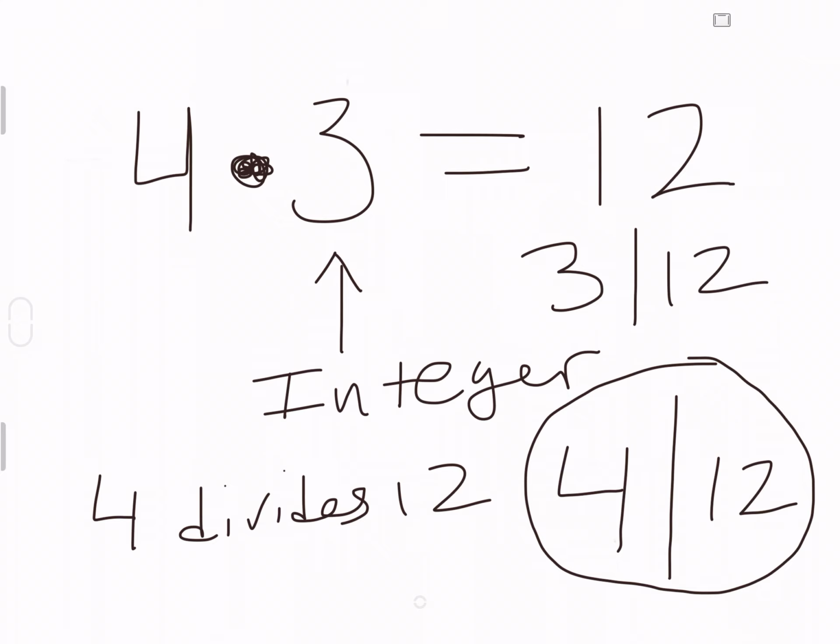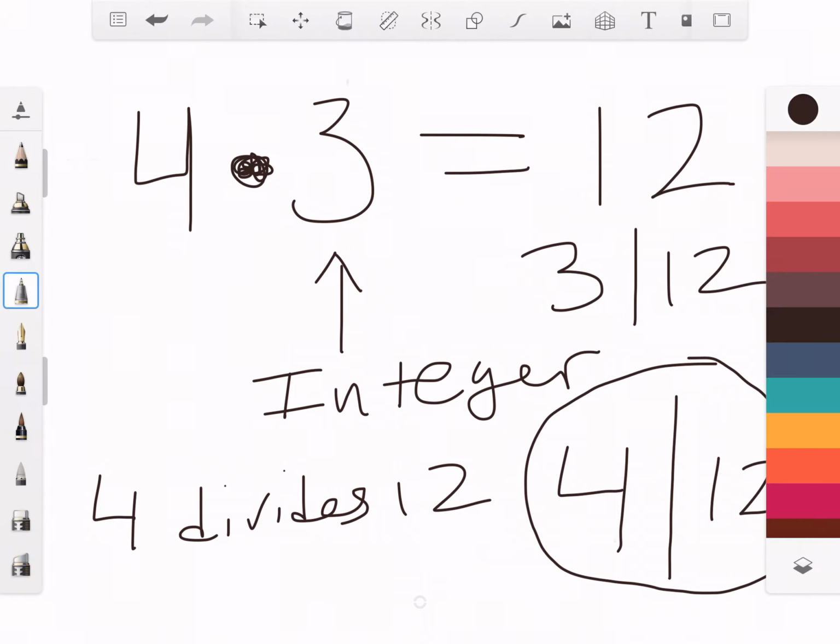It'll work in the integers, but it will not work in the rational numbers. It doesn't work in the real numbers or the complex numbers. So this definition is only for integers. Let me emphasize that again. Only for integers. Okay, I think maybe I've emphasized that enough.